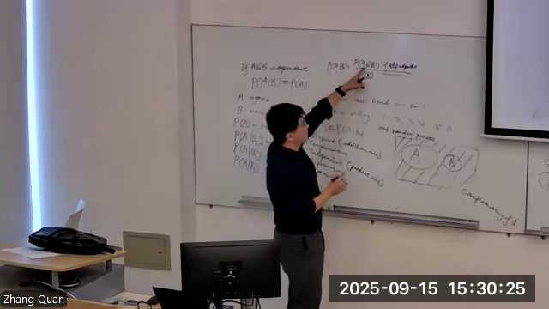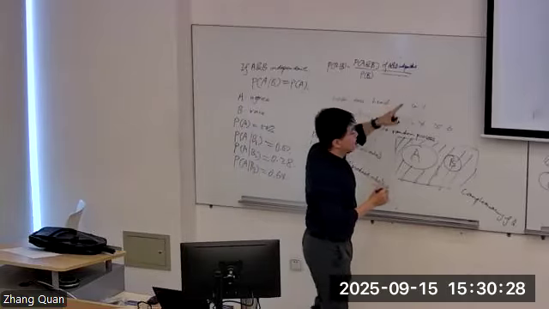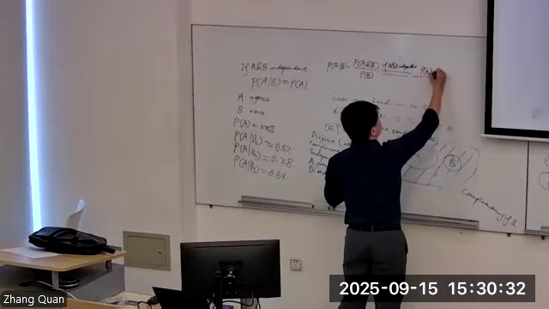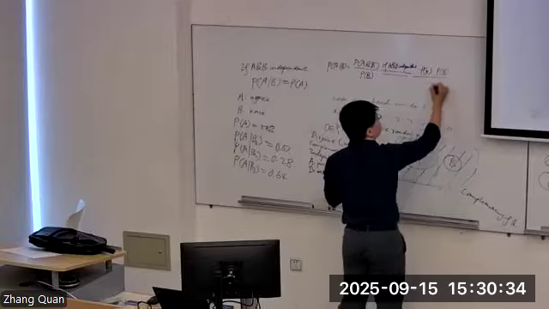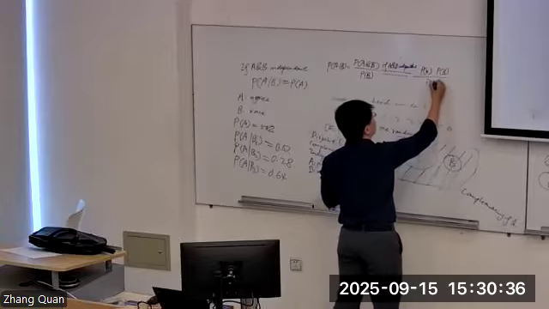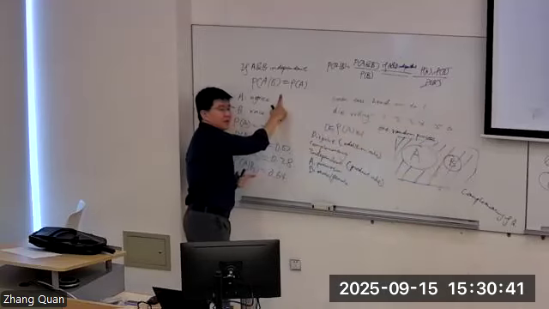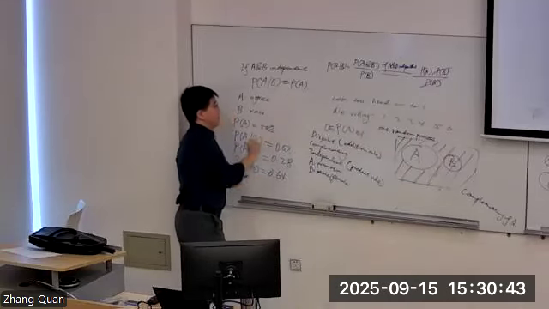That means the probability of the intersection should be the product of the two single probabilities. They cancel, and we have very simple math here, right?